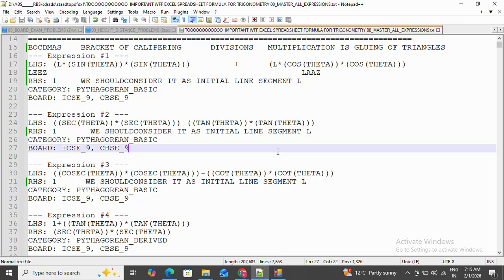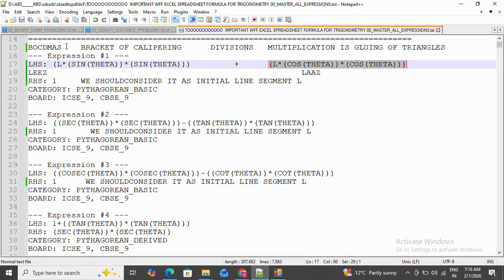Whenever we see these kind of expressions, then we should understand that 1 star sine theta plus 1 star cos theta should be written as L star sine theta plus L star cos theta. That means it's the Pythagorean theorem. And here this plus is a very dicey thing, a doubtful thing, because all the output line segments generated from L star sine theta are not always guaranteed to be collinear and end-to-end fit with all other line segments constructed from L star cos theta.